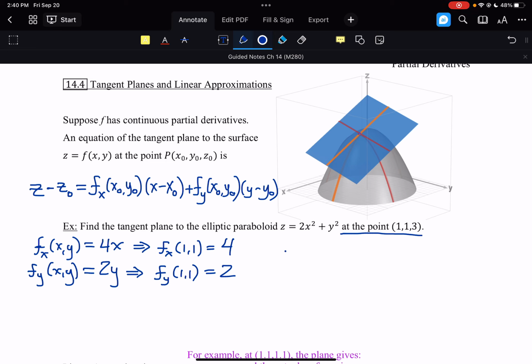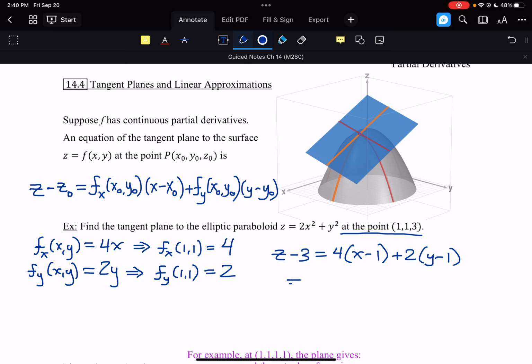So our planar equation will be z minus 3, so that's that 3 right there, equals 4 times (x minus 1) plus 2 times (y minus 1). And when it comes to setting up the equation, we could put this in standard form for the equation of a plane.